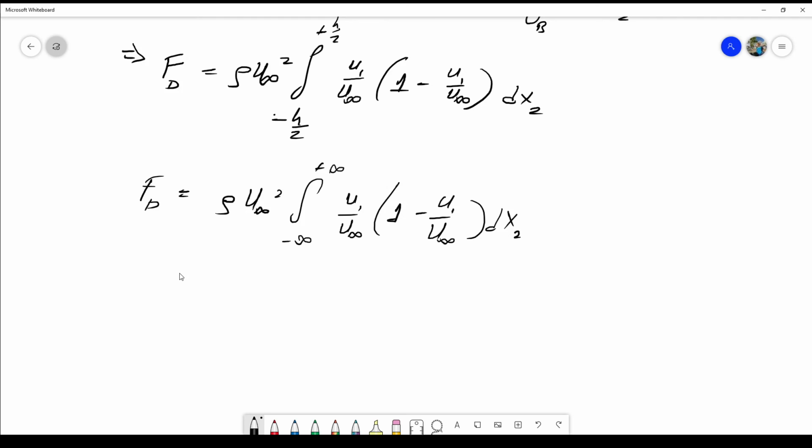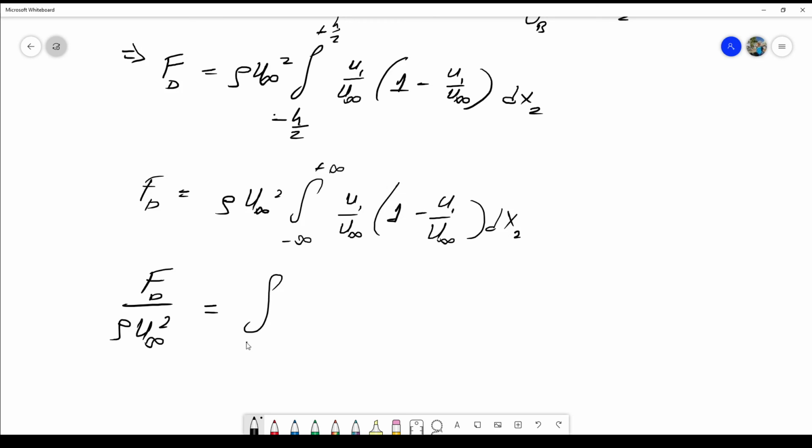And we know that F_D, rho and u infinity squared are just constants, so we can rewrite our equations so that they can be represented similarly to the momentum thickness that we found in the boundary layer equation.